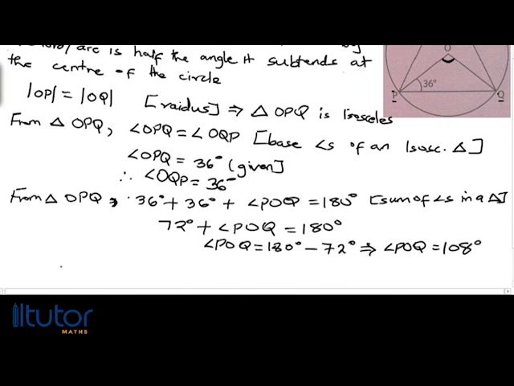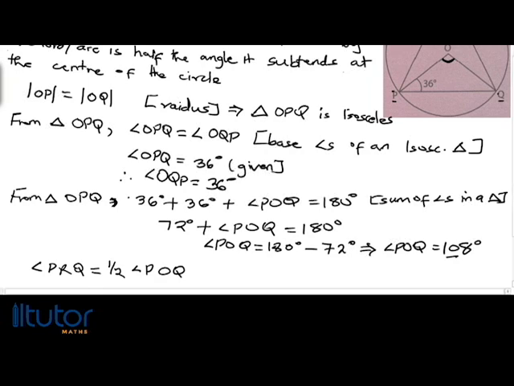Now remember what we stated, that angle PRQ, which we've been told to find, is equal to half of angle POQ, which is the angle subtended at the center of the circle. We've gotten our POQ to be 108 degrees.